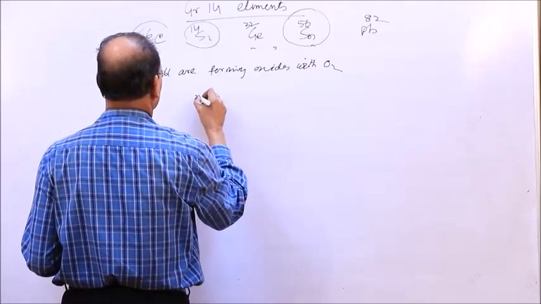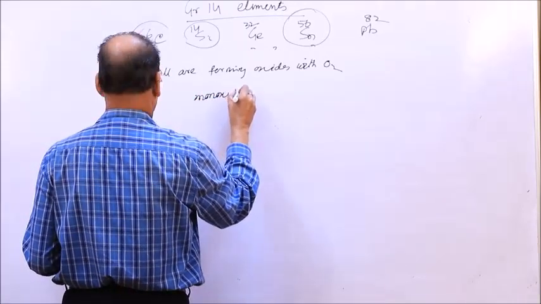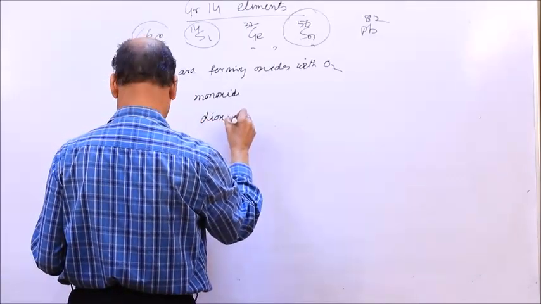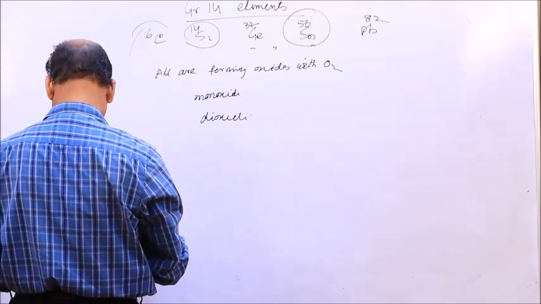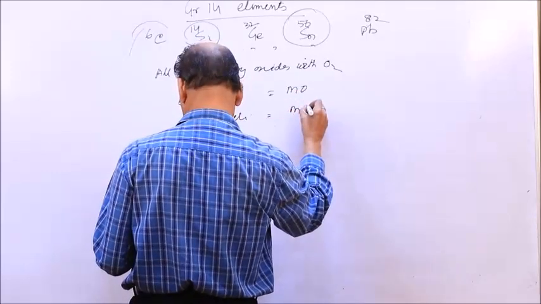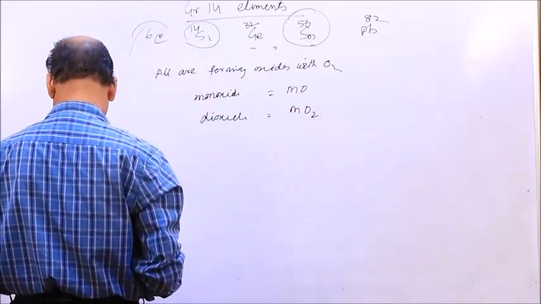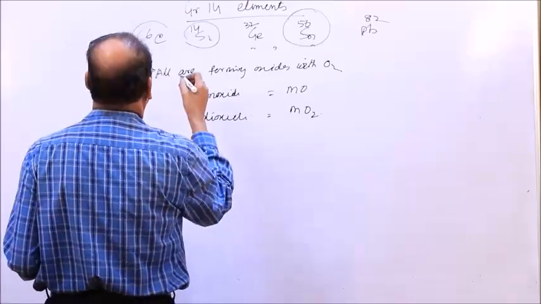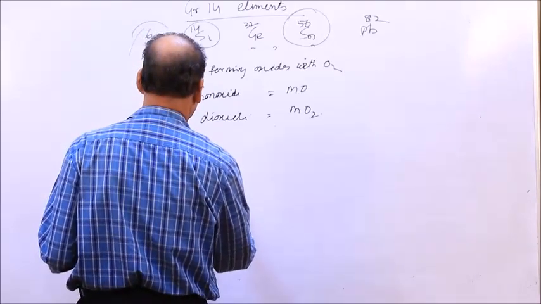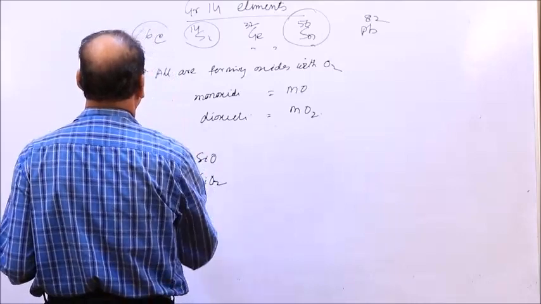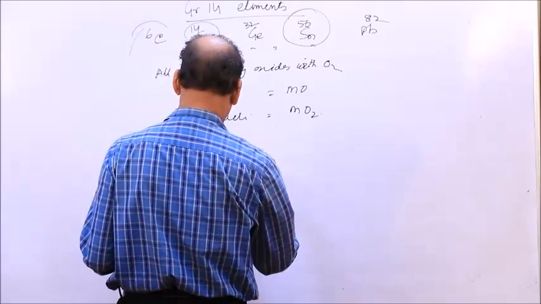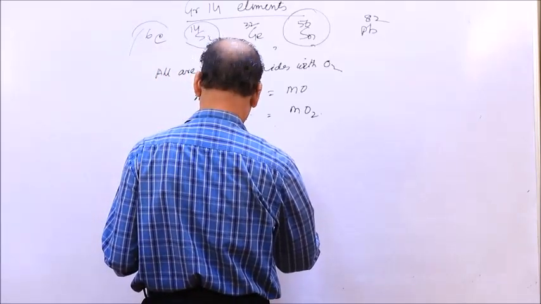One is monoxide and the other is dioxide. Monoxide means MO and dioxide means MO2. So silicon forms monoxide SiO and dioxide SiO2. Similarly, carbon forms carbon monoxide and carbon dioxide, and germanium forms germanium oxides.